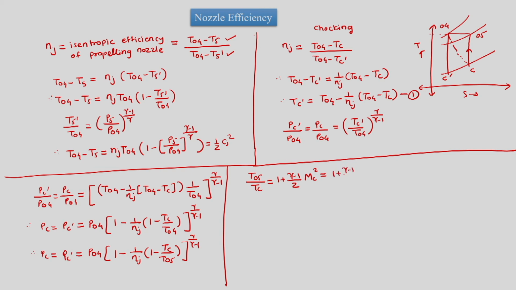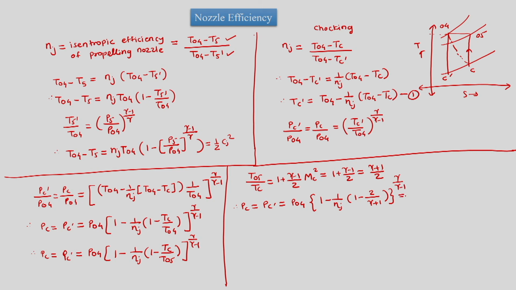So 1 plus gamma minus 1 by 2, which is gamma plus 1 by 2. So we can write down Pc is equal to Pc dash is equal to P naught 4 into 1 minus 1 upon Nj into 1 minus 2 upon gamma plus 1 bracket raised to gamma upon gamma minus 1.